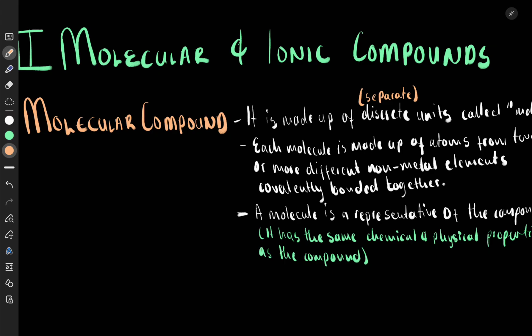This separation helps us. We can know if something can conduct electricity by knowing if it's molecular or ionic. We can know how reactive something is, and if it dissolves in water, by knowing if it's molecular or ionic. We can know if something has a high or low melting point and boiling point by knowing if it is molecular or ionic. So this is very much related to the properties of a substance, and because of that, it is more important than simple versus complex.